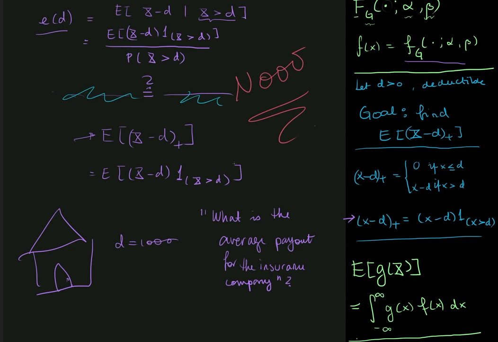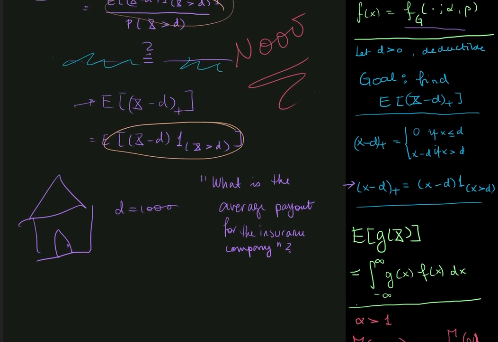Should I then say it is equal to this thing, or should I say it is equal to this thing? Well, it kind of depends, right? Are we looking at the average payout among everyone who has experienced a claim, or are we looking at the average payout among those who have experienced a claim high enough for the insurance company to pay? And that is the main difference.